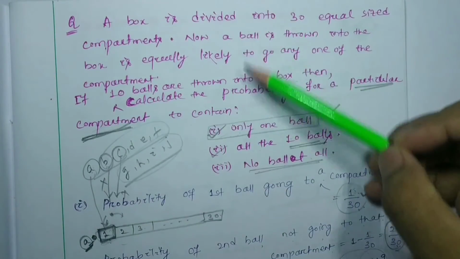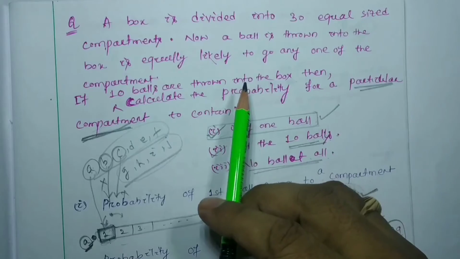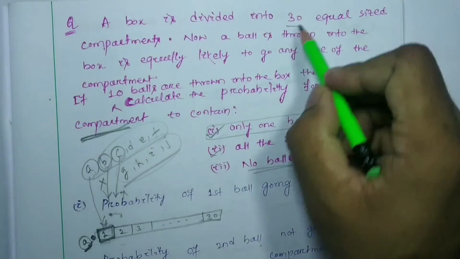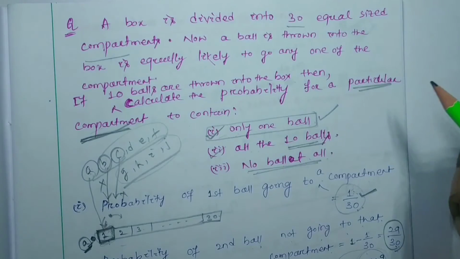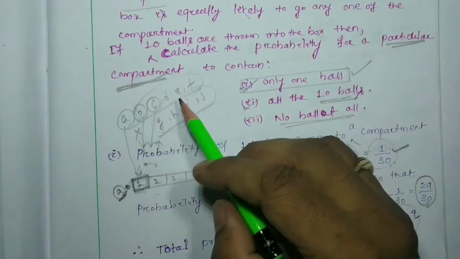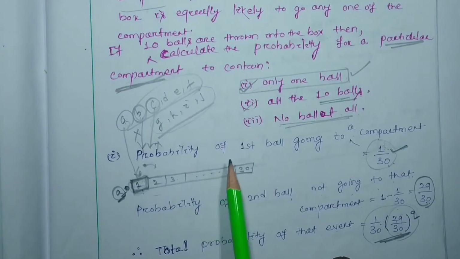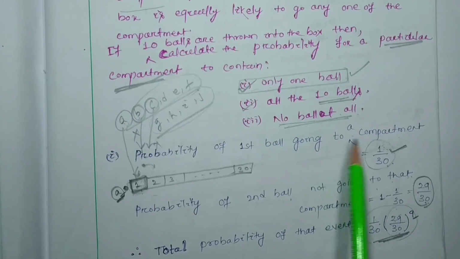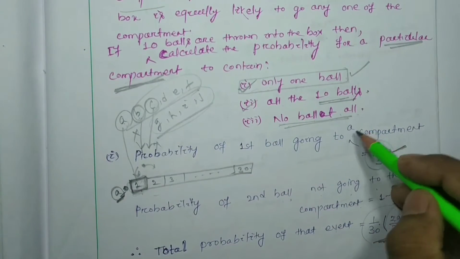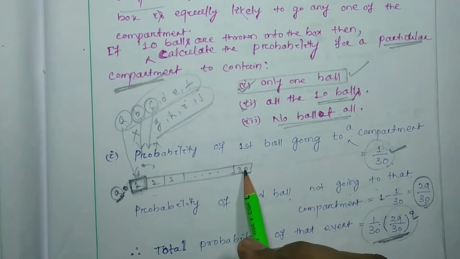Previously we discussed this problem: 10 balls and 30 equal size compartments. The 10 balls are A, B, C, D, E, F, G, H, I, J. Any one of the balls, suppose the first ball A, going to a compartment, that means 30 compartments, or you can consider 30 energy levels.